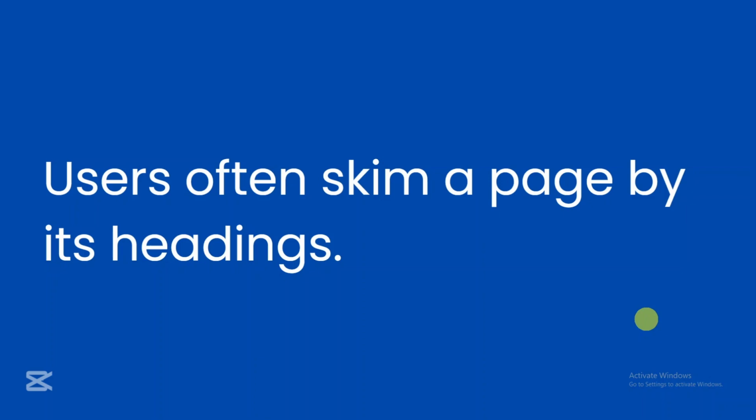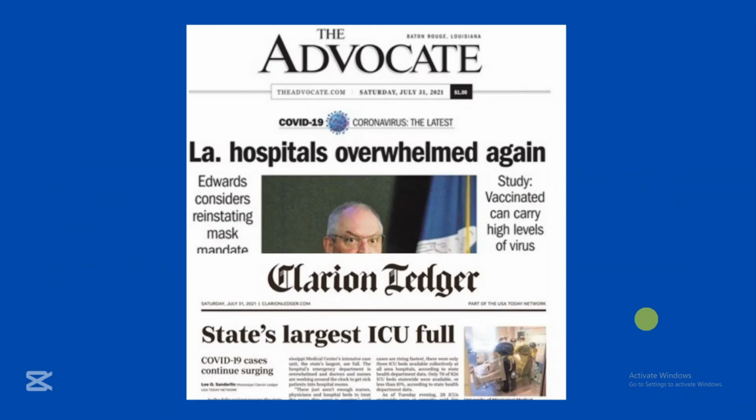Let's look at an analogy. This is a sample newspaper. You will notice we have a heading, LA hospitals overwhelmed again. Then we have a subheading, Edwards considering reinstating mask mandates.